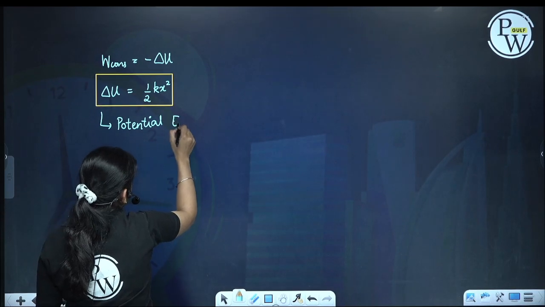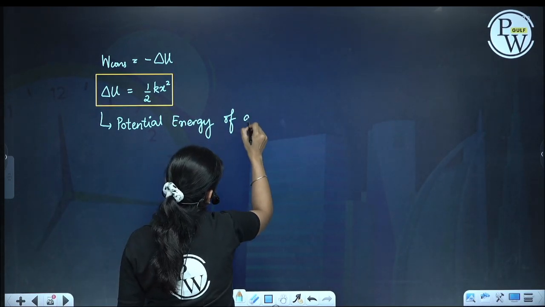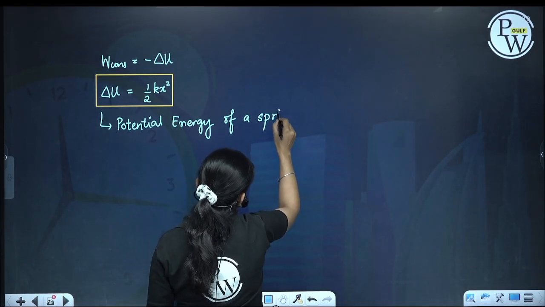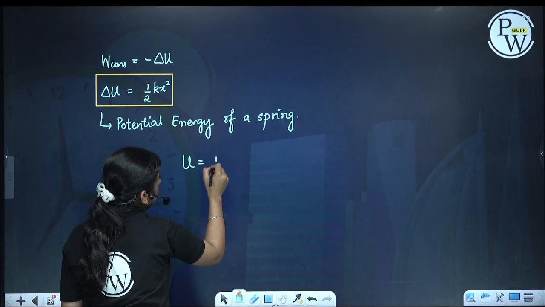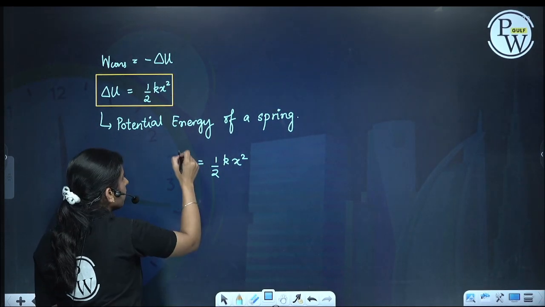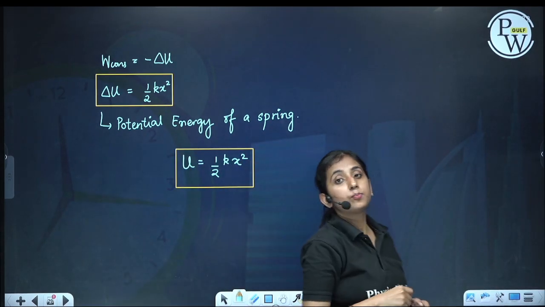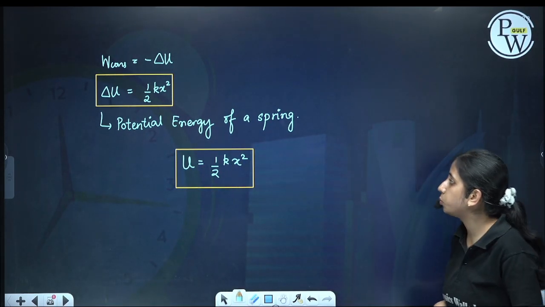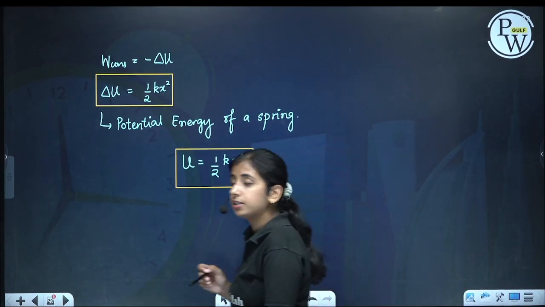This is the potential energy of a spring. So potential energy of a spring is half kx square, where x is my elongation or compression in the spring and k is the spring constant.